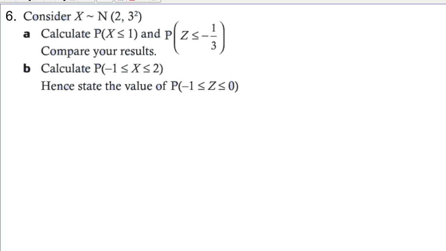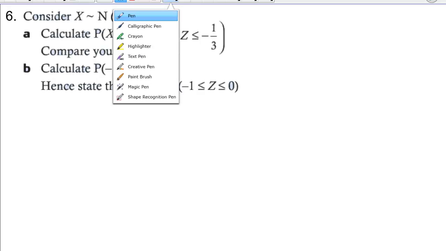So number 6, consider a random variable x which follows a normal distribution with parameters 2 and 3, and we need to calculate these probabilities. One thing that you need to know is here we have z-scores and we also have x values.